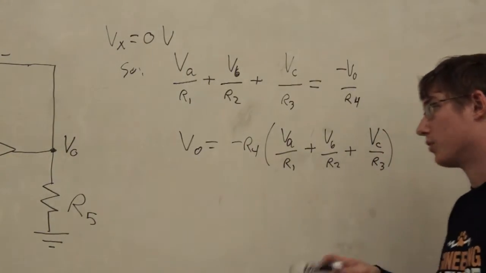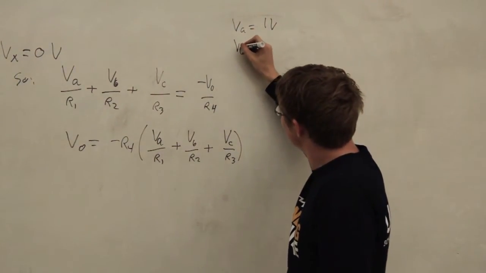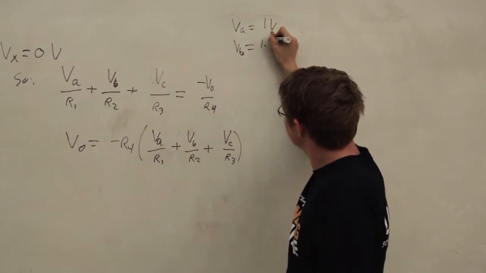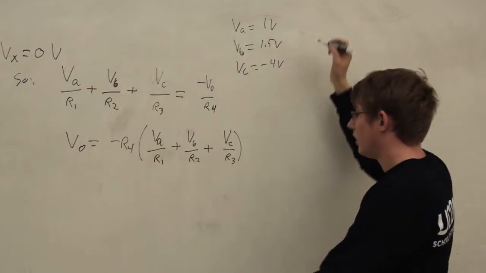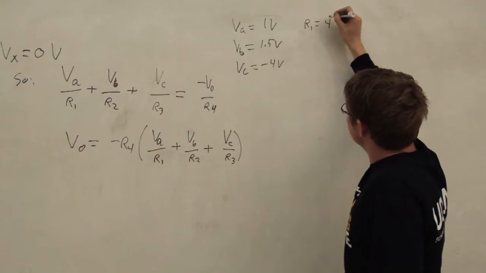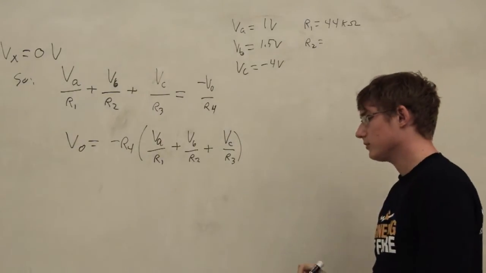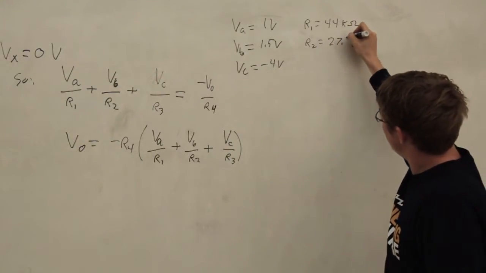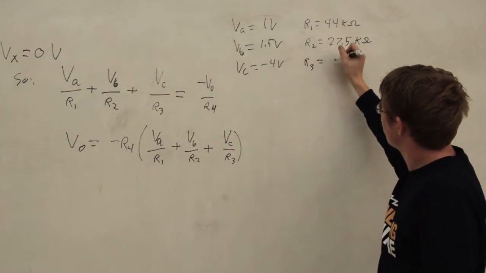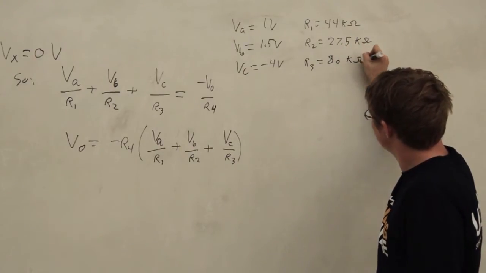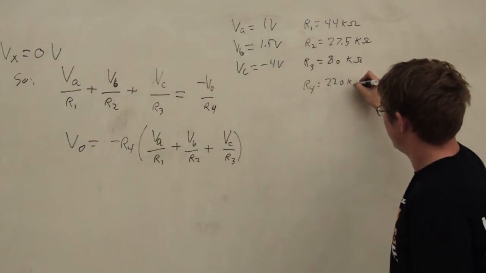Now, in the problem, we're given some numbers. VA is 1 volt, VB is 1.5 volts, VC is negative 4 volts, R1 is 44 kilo ohms, R2 is 27.5 kilo ohms, R3 is 80 kilo ohms, and R4 is equal to 220 kilo ohms.